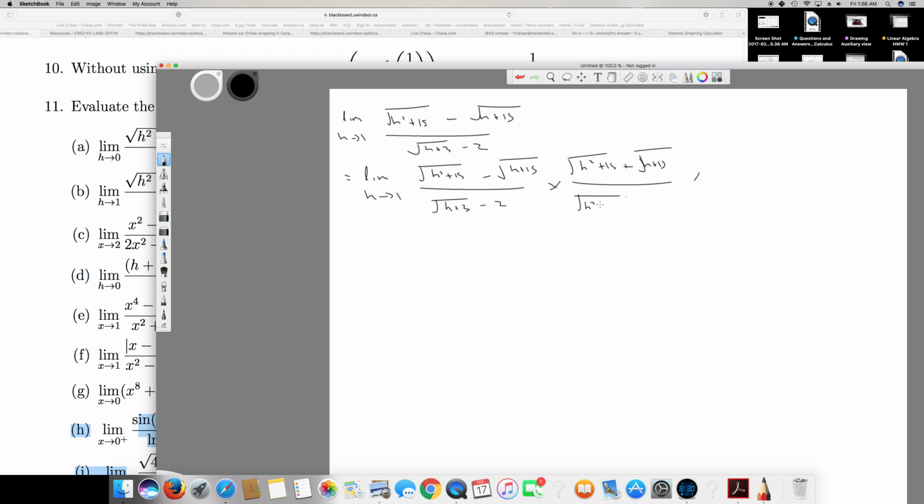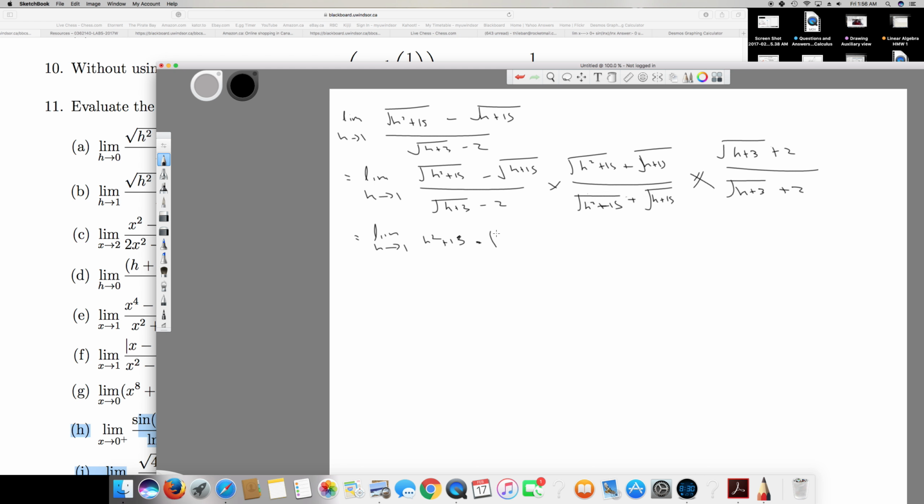Square root of h square plus 15 plus square root of h plus 15 times, and now I have to multiply this one both sides up and down, so it's going to be square root of h plus 3 plus 2 over square root of h plus 3 plus 2. So when I multiply this one, h approaches 1, it's going to be h square plus 15 and minus, and this square root will cancel, so it's going to be bracket.